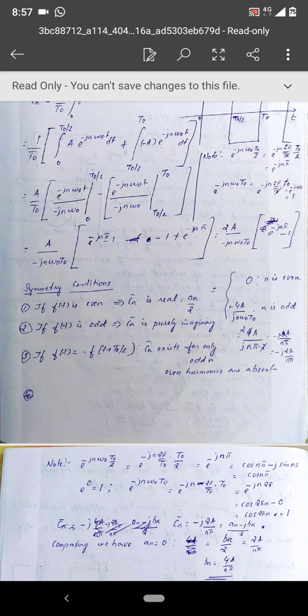Odd multiples of pi means it is minus 1. If it is pi, that becomes cos pi minus j sin pi. Sin pi, sin 180 degrees, is 0, so cos pi is minus 1. Likewise, cos 3 pi is minus 1, cos 5 pi is minus 1. So minus 1 and minus 1 again becomes minus 2, which can be taken outside.